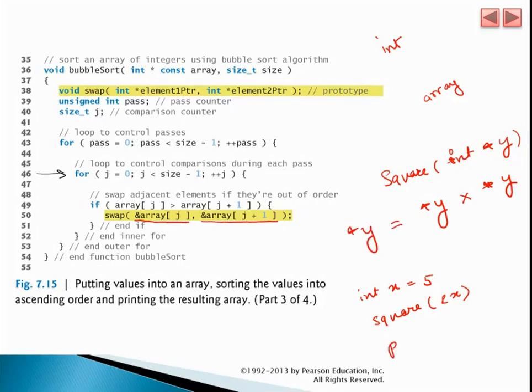If you print x here, I'm just writing a sort of pseudo code, then it will print the square of x. Why?